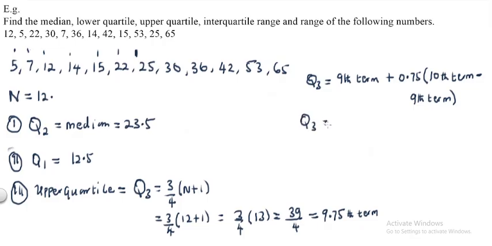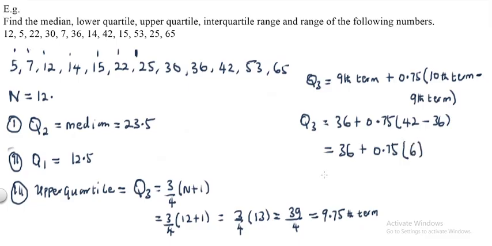So my upper quartile will be 36 plus 0.75, open bracket, 42 minus 36. 42 minus 36 is 6, and 0.75 times 6 is 4.5. So this is equal to 36 plus 4.5, which is 40.5. So my upper quartile is 40.5.